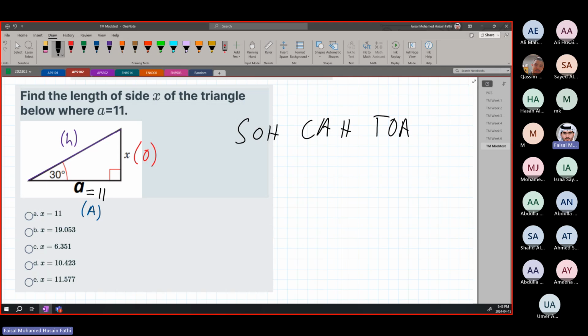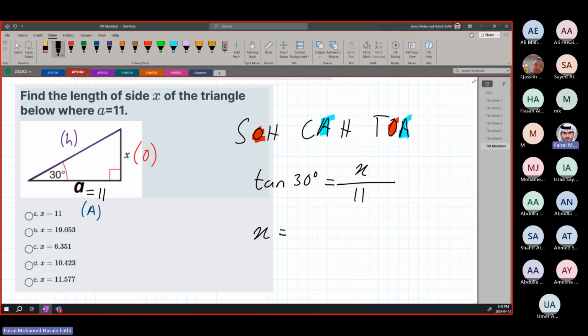So what do we have? We have a given. So we know we need to use something that has a in it. So it's either this or this. And what are we trying to find? We're trying to find x, which is an opposite. So we're looking for the letter O now, which is here and here. So what has both? TOA. So we're going to be using tan of the angle, which is 30 degrees, is equal to opposite, which is x, over adjacent, which is 11.